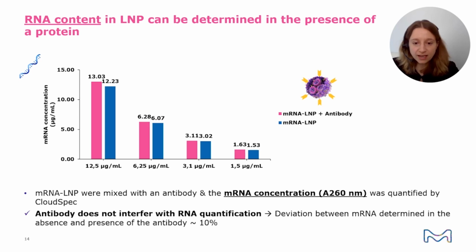What we could nicely show, when you compare the blue and pink graph, is that there is really a minor deviation between the RNA content determined in both settings. So this really indicated that the antibody within the formulation does not have an impact on RNA quantification, and this was really an encouraging result we got.